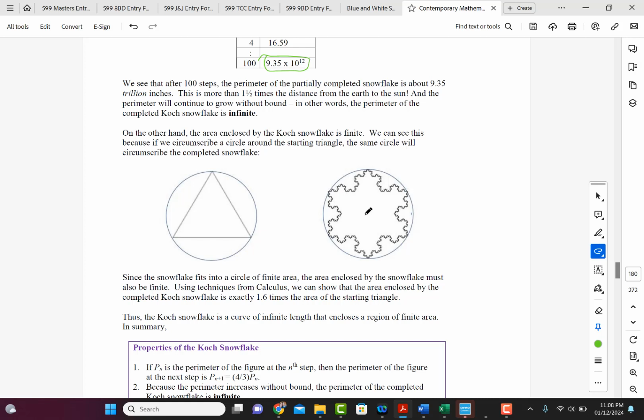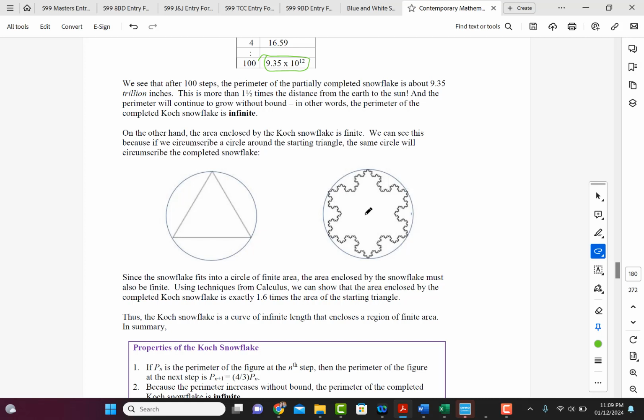On the other hand, the area. Now think about the area here, okay? The area enclosed by the Koch snowflake is finite. We can see this because if we circumscribe a circle around the starting triangle, the same circle will circumscribe the completed snowflake.